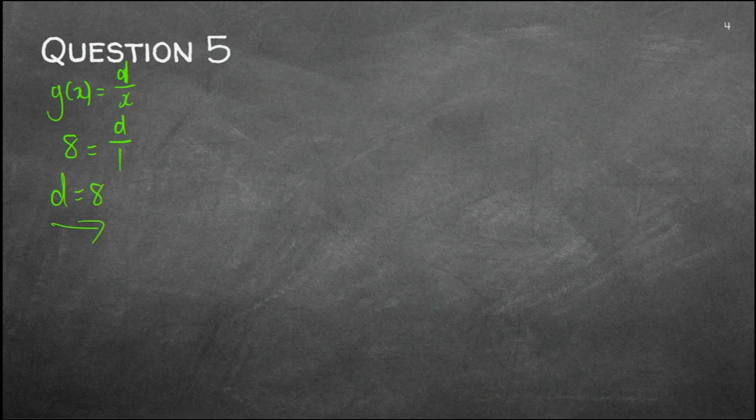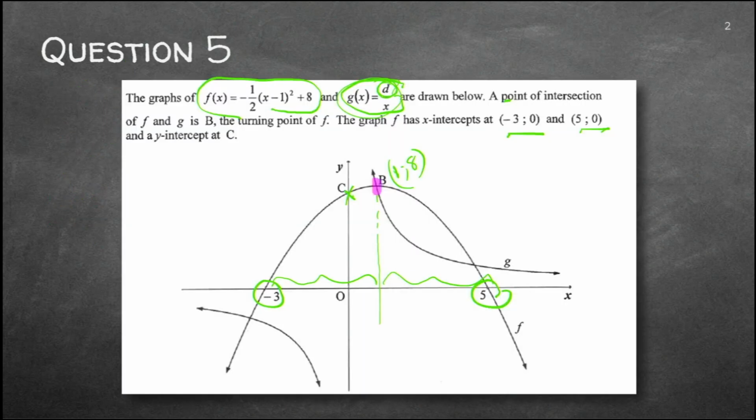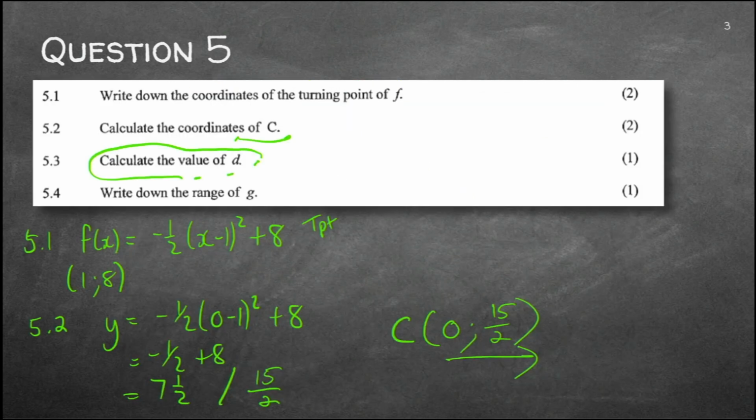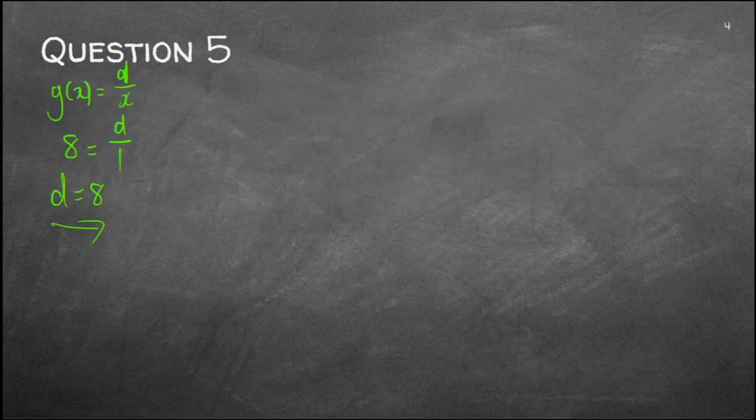And that's the answer. Let's just quickly go back to the graph itself then. Am I comfortable with a positive value for d? And yes, I am, because the hyperbola is in quadrants 1 and 3, the positive quadrants. So I don't know if the 8 is 100% correct, but I do know the positive answer is what I was looking for. So, last question now for this first 4. Write down the range of g, meaning the range of the hyperbola.